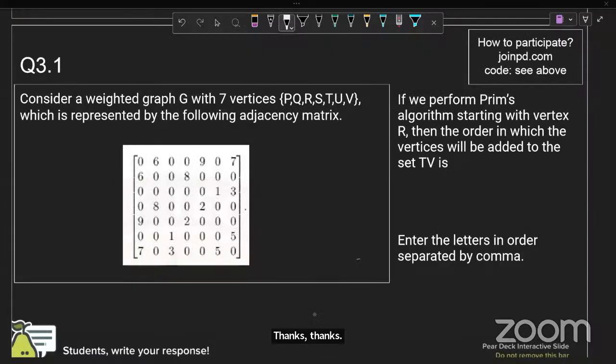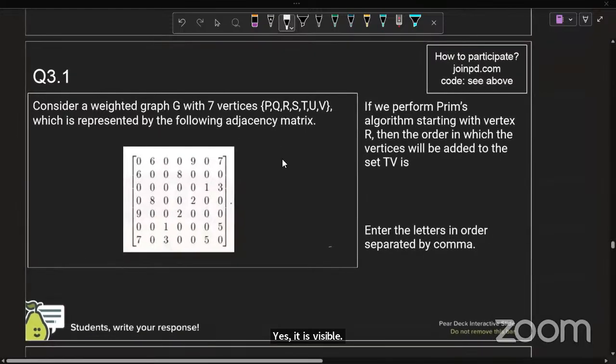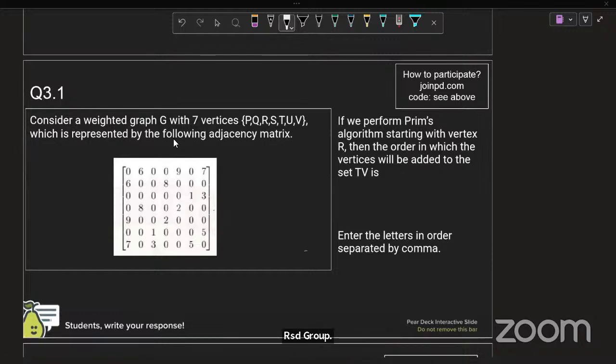Is my screen visible? Yes, sir, it is visible. Okay, solve this problem. Consider a weighted graph G, which has 7 vertices, P, Q, R, S, T, U, V, represented by an adjacency matrix.